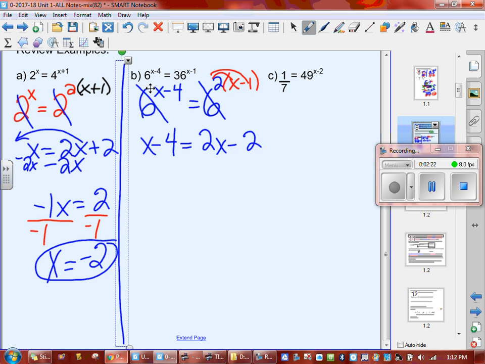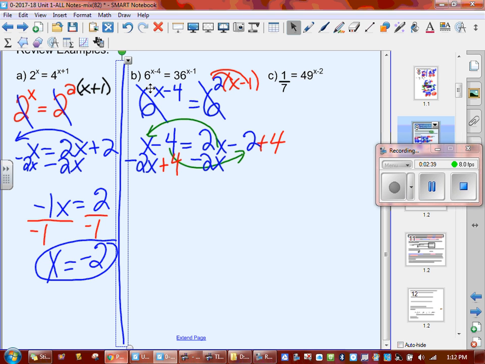We're going to take 2x to the left and the negative 4 to the right. So subtract 2x, subtract 2x, add 4, add 4. We're doing it all in one step, switching sides. So negative 4 plus 4, those cancel. 2x minus 2x, those cancel.